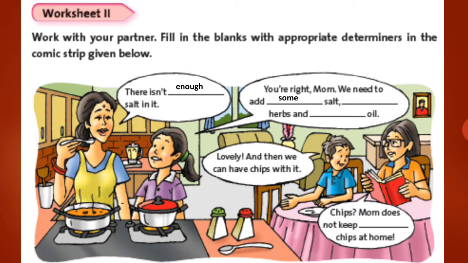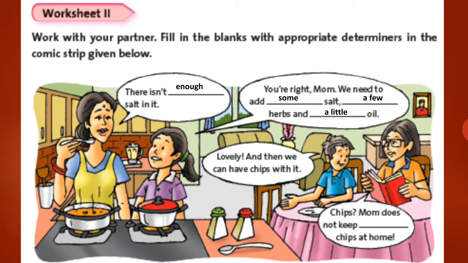Salt is an uncountable noun. We cannot use the determiners which are used with countable nouns. That is why we are using some, which is used with uncountable nouns, and sometimes it is used with countable also. Then a few herbs and a little oil.